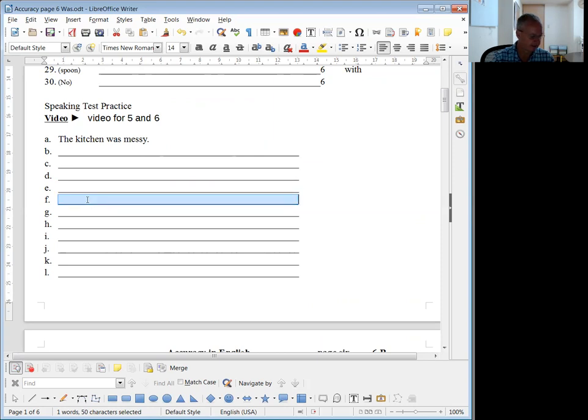F. No. Was Lisa sleeping? G. Forks and spoons. What was on the floor?